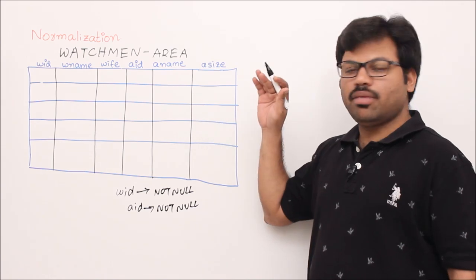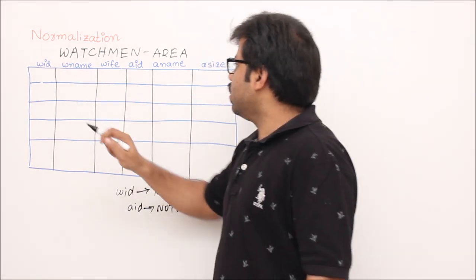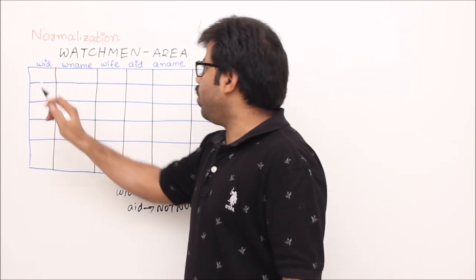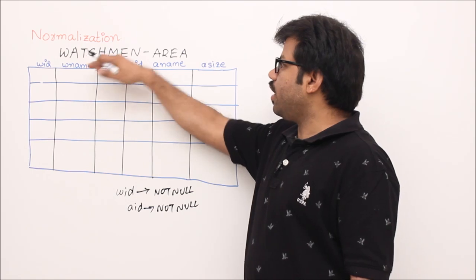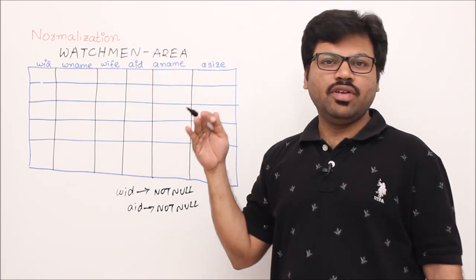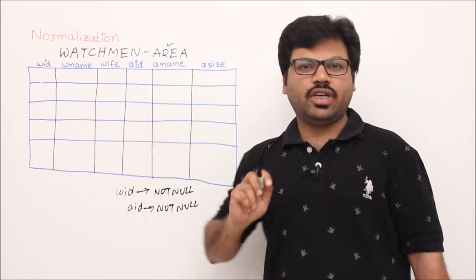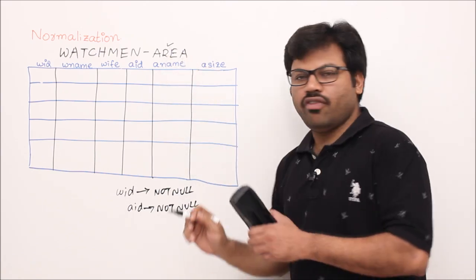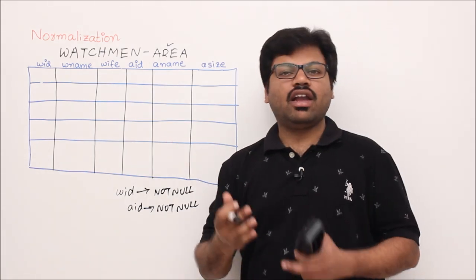Now let's try to insert some data into this. At this moment, let's say this is a big company which is providing watchmen to some areas. The government is going to give us areas where we provide watchmen. Initially when you started this company, there is no area allotted to you.